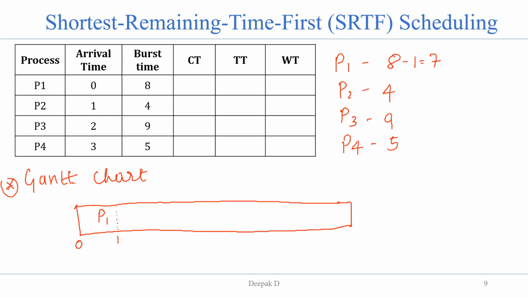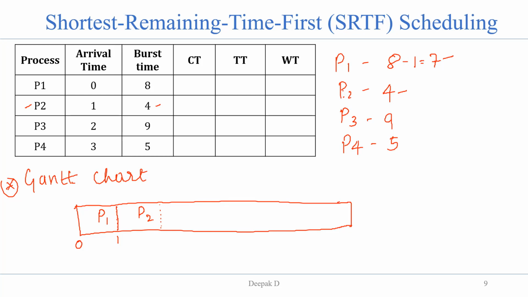At first millisecond, P2 has arrived with the burst time 4. So now P2 and P1 are compared. Which one is having the shortest remaining time? That is P2.